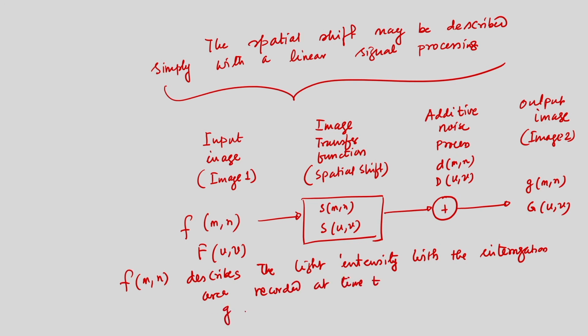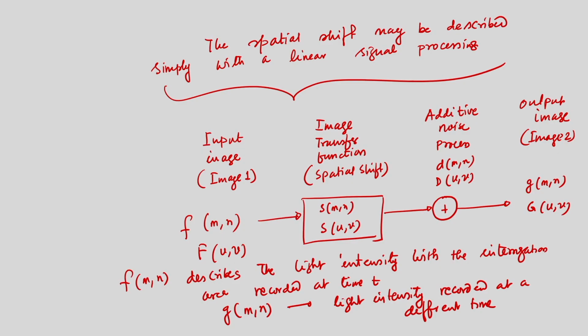And the function g of m comma n is the light intensity recorded at a different time, right. So, this is the spatial shift that we have tried to understand through this block diagram.